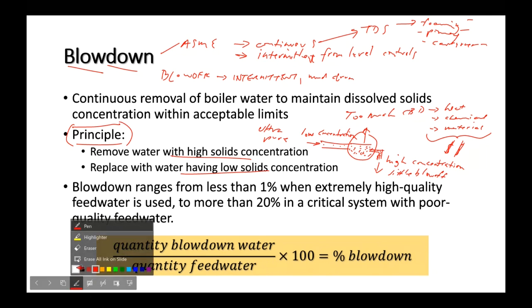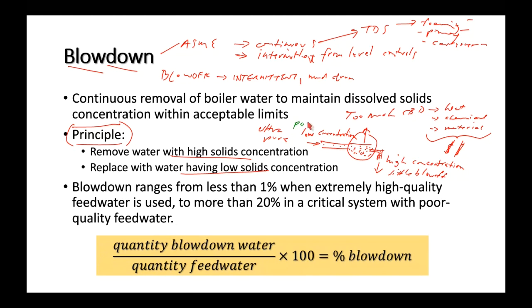Whereas if we've got water going in that's pure but not that pure, we'll just say pure, it's got a little bit more dissolved solids in it, then what we're going to have is a little bit more blow off, or blow down, I should say.